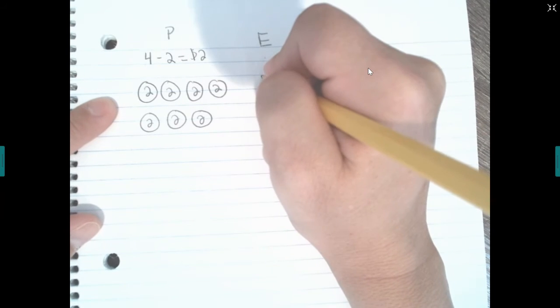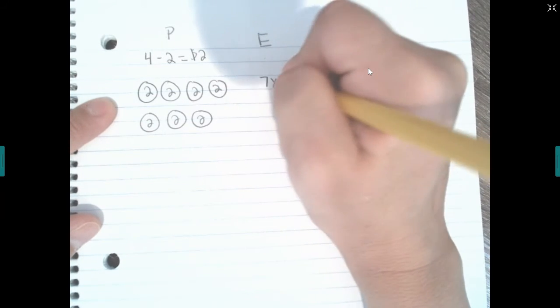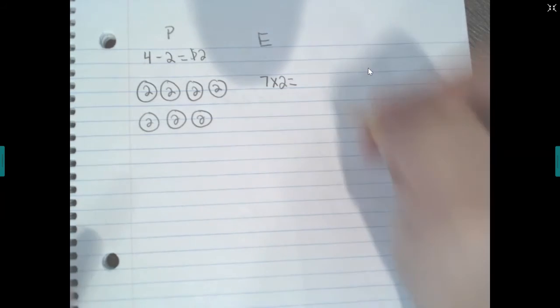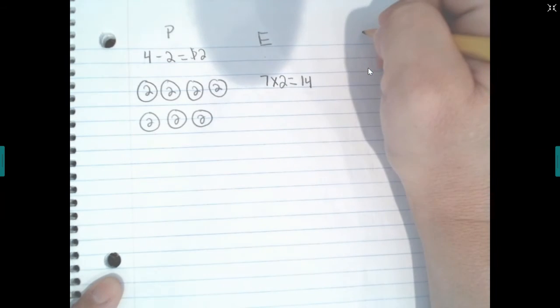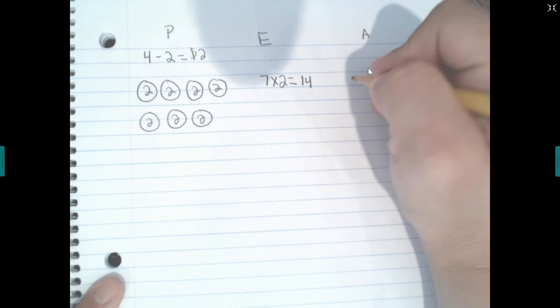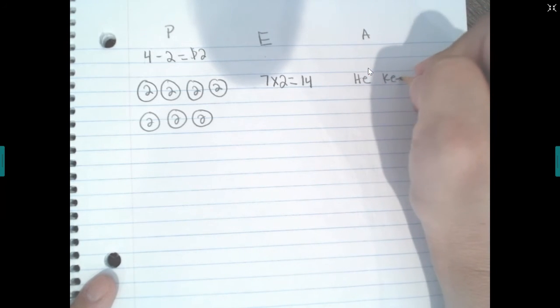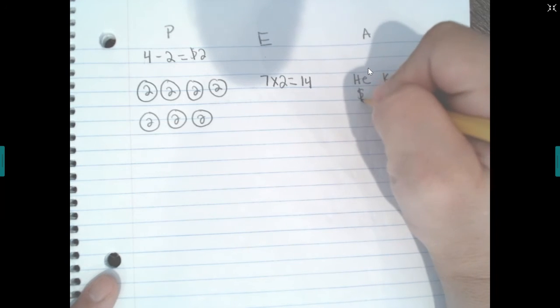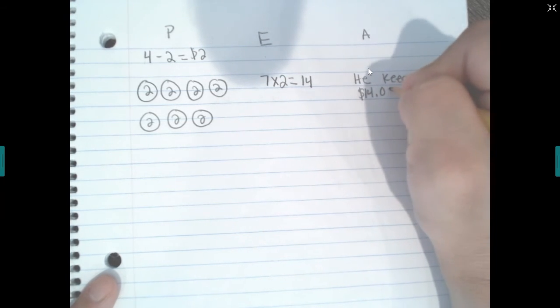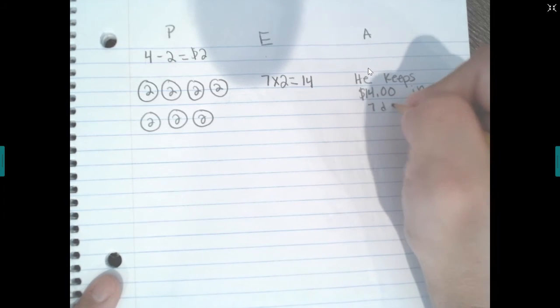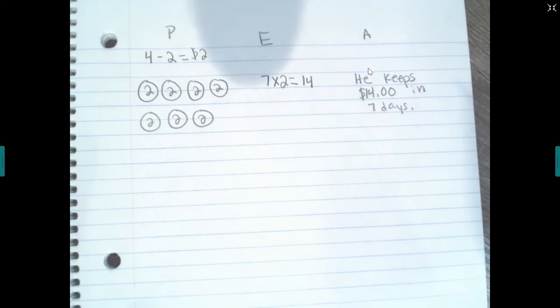So I'm going to take 7 times 2. And 7 times 2 is 14. So then my answer becomes he keeps $14 in 7 days. So he gets to keep $14 in the 7-day period.